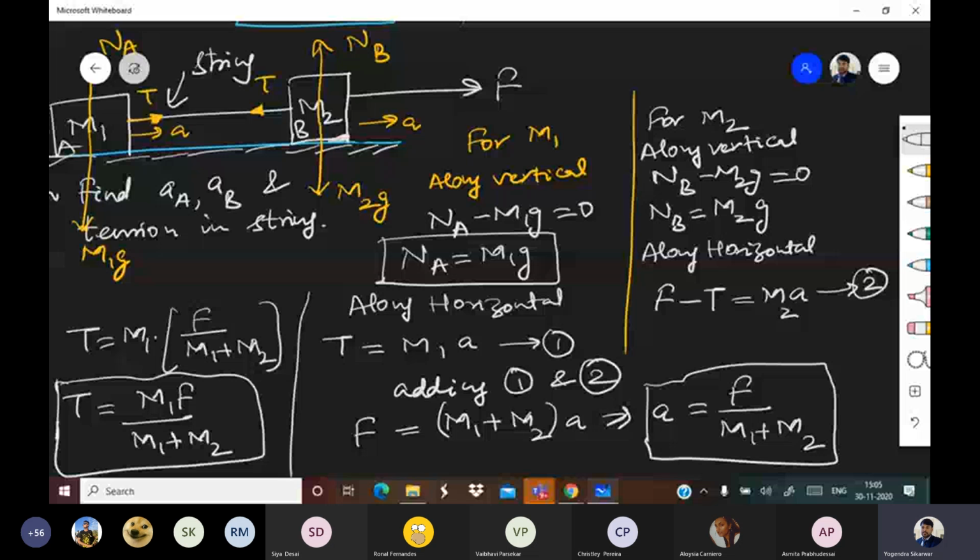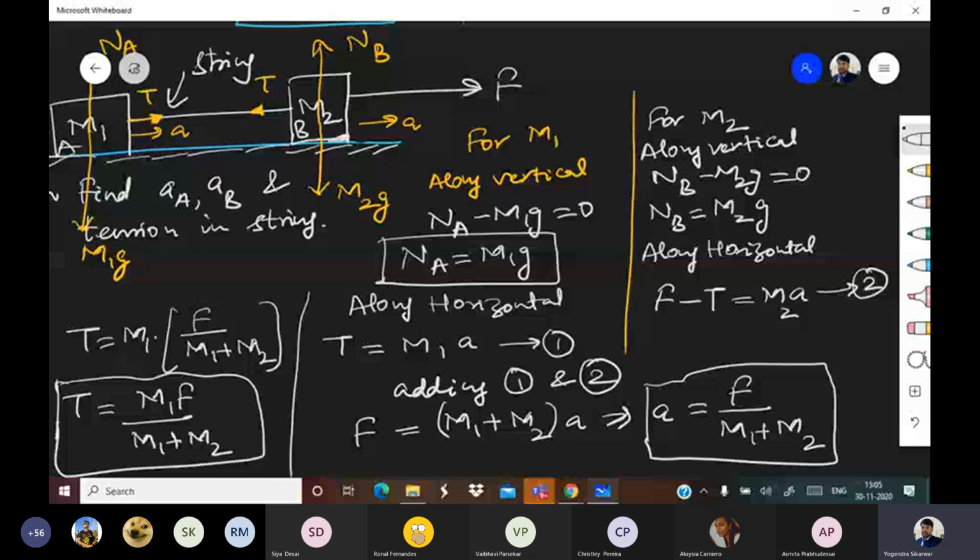All right. So we got the value of A also, we got the value of T also. Now in the same question, listen carefully everyone. We could have taken M1 and M2 both as a system because both are moving with the same acceleration in the same direction.